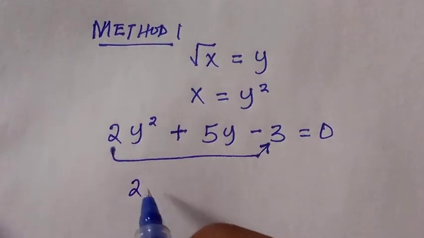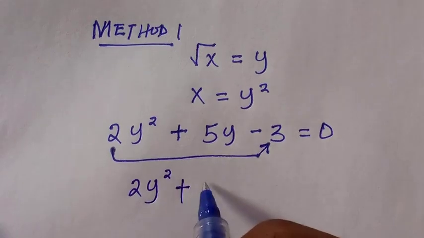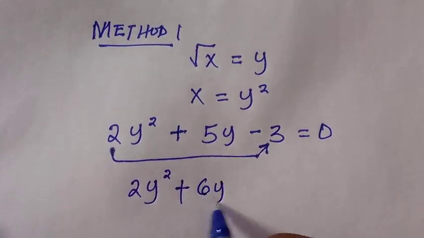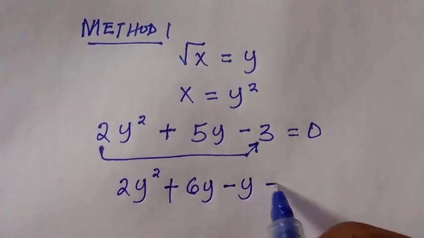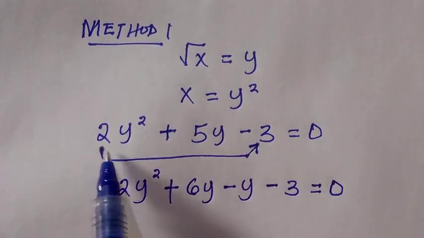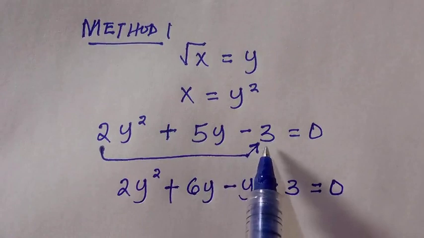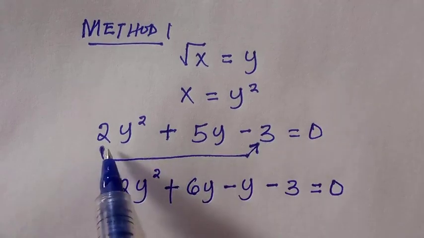We have 2y squared plus 6y minus y minus 3 equals 0. We multiply these two by 3, which is 6, but not that the 6 will appear here, no. We just use it to make sure that the coefficient of this one remains 1.